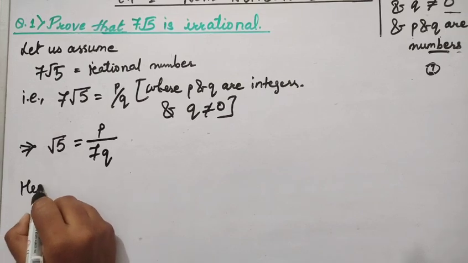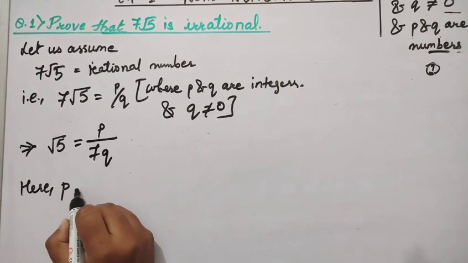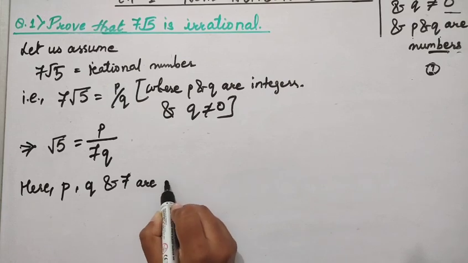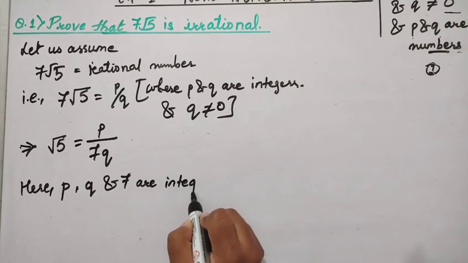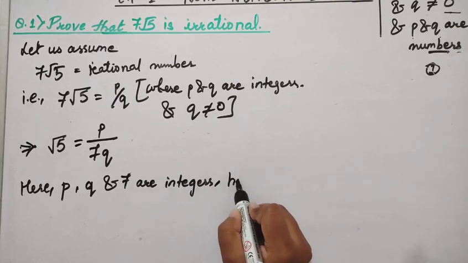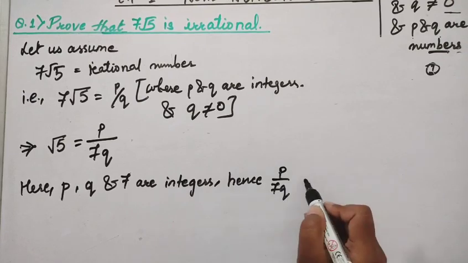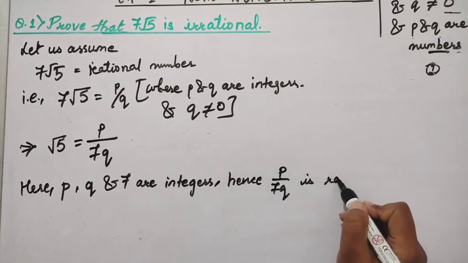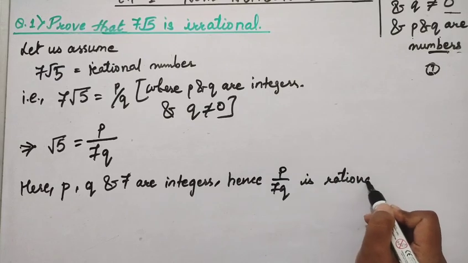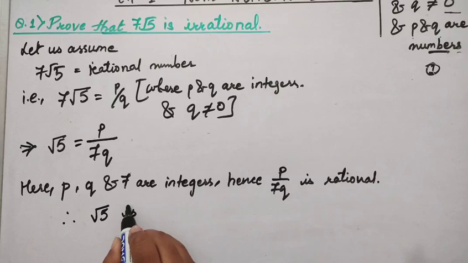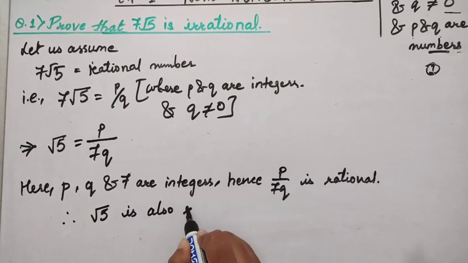Here again p, q and 7 are integers, hence p by 7q is a rational number, which concludes that root 5 is also rational.